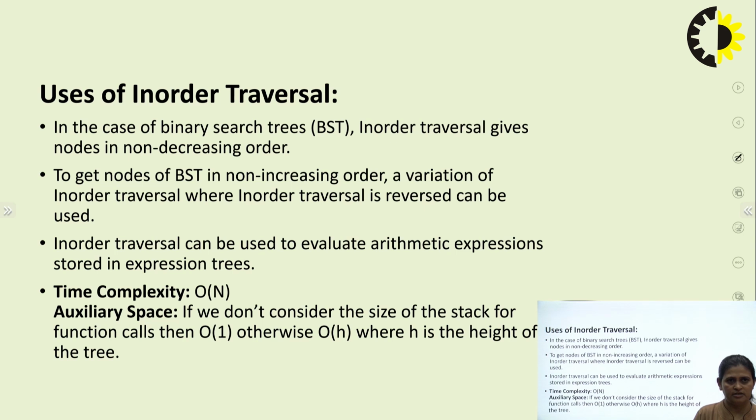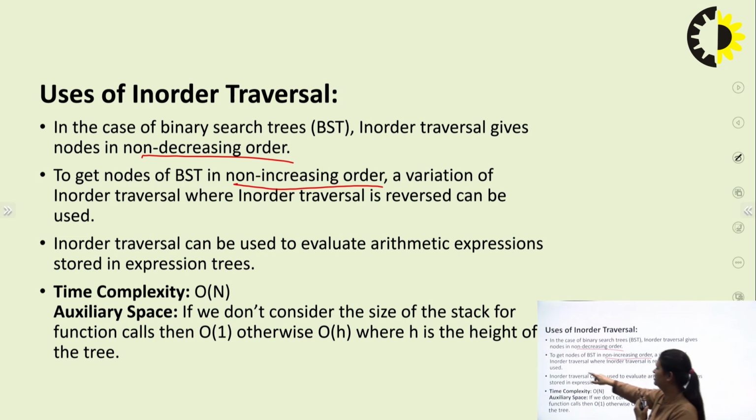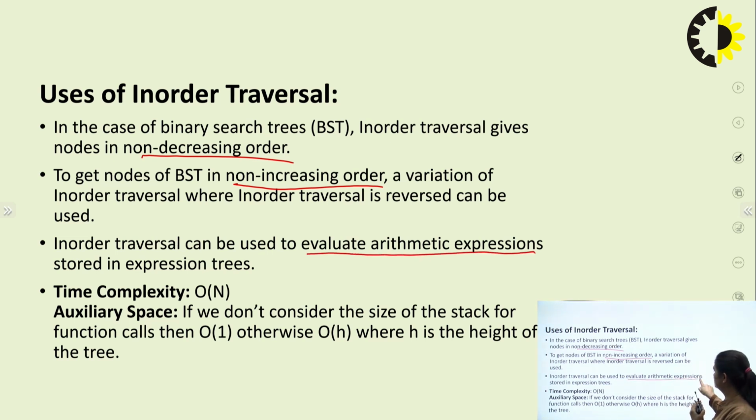To get the nodes of a BST in non-increasing order, a variation of in-order traversal where the in-order traversal is reversed can be used. In-order traversal can also be used to evaluate an arithmetic expression stored in an expression tree.